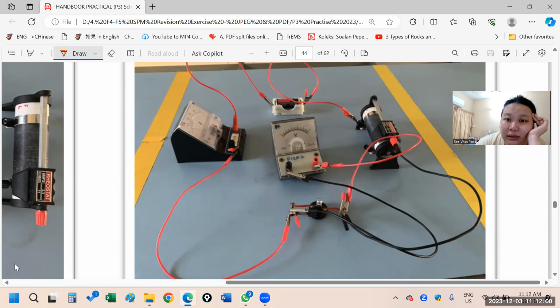Like battery directly connected to ammeter. Does the ammeter pointer deflect? Battery directly connected to voltmeter. Does the voltmeter deflect? Battery connected to rheostat and to the light bulb.